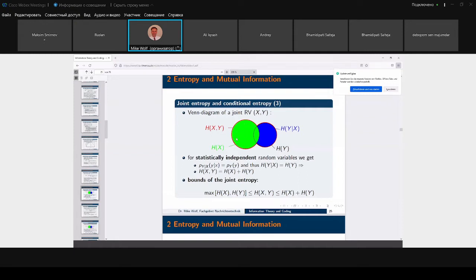So according to this figure, if you want to express the joint entropy, we can say this joint entropy is the entropy of x plus the conditional entropy of y given x. So if you know x, what is the surprise in y? It makes sense, okay? That this diagram is valid, but we have to prove this.